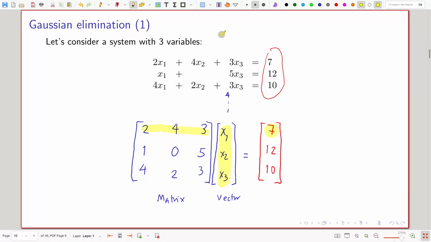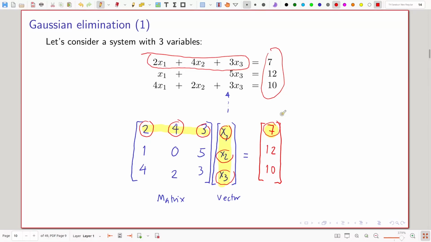The way you do the multiplication is element-wise. The first element here gets multiplied with the first element in the column, and then you multiply 4 with x2 and 3 with x3, and you add them up. So after this multiplication, you obtain this value, and it says that it's 7.